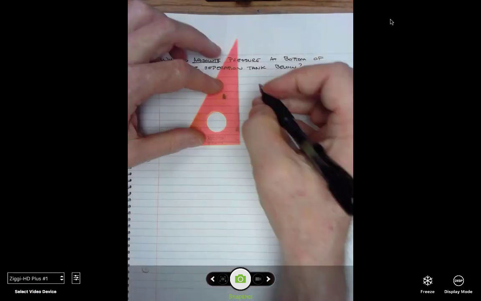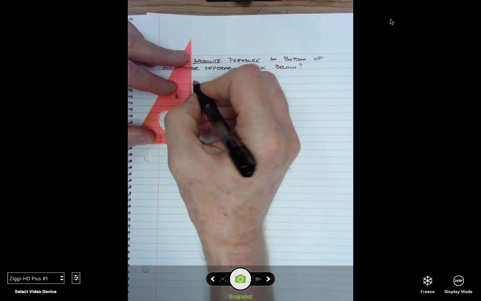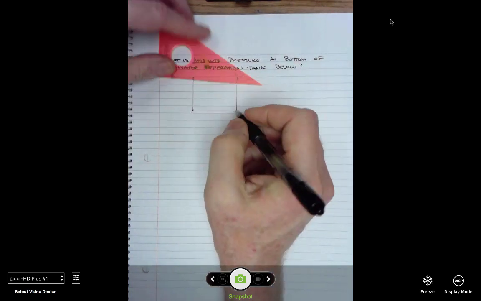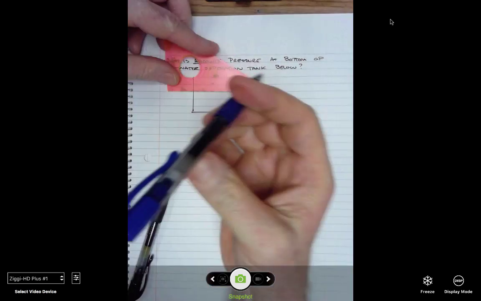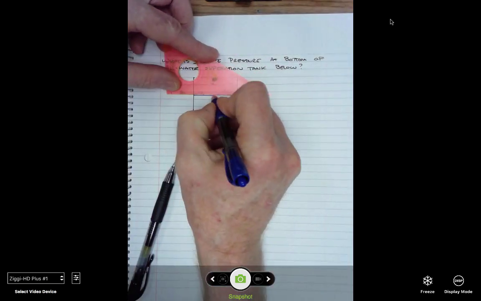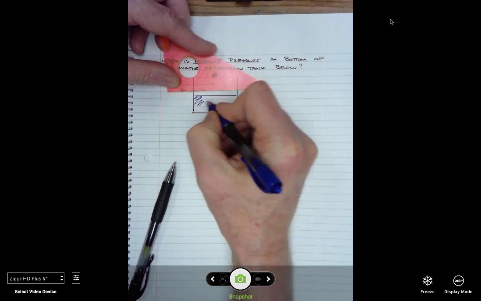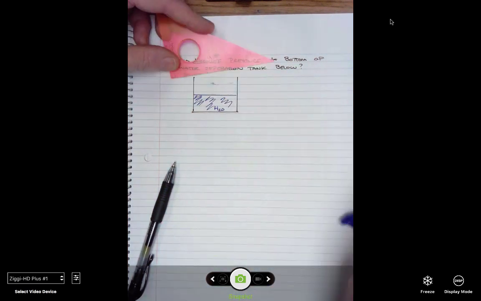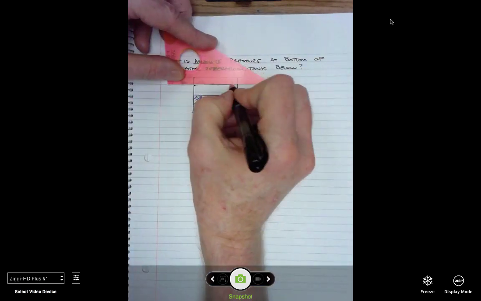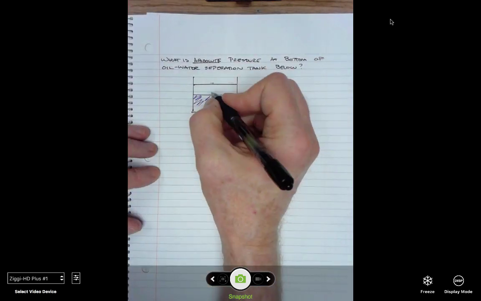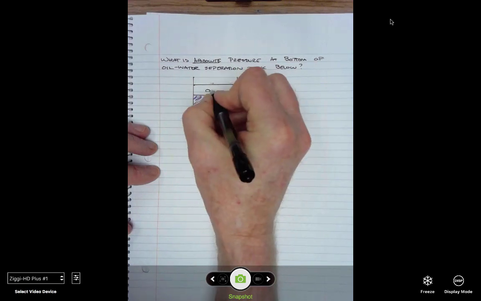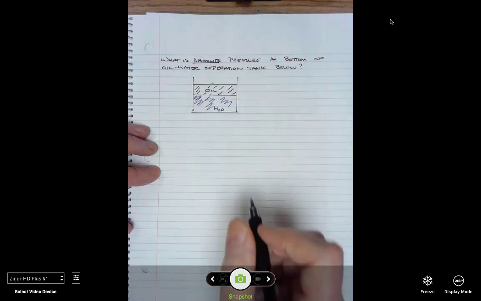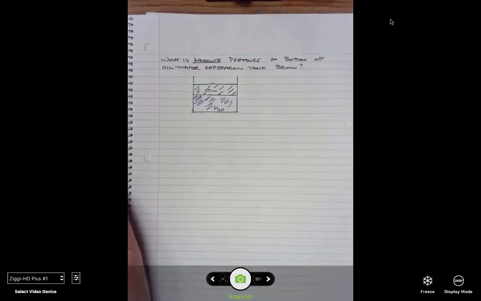Again, we need to draw a tank. So there's our tank. We'll have water, which is blue. Then we'll have oil, which is black. Hey, black and blue, the color of a hematoma. And we need to know our various dimensions.